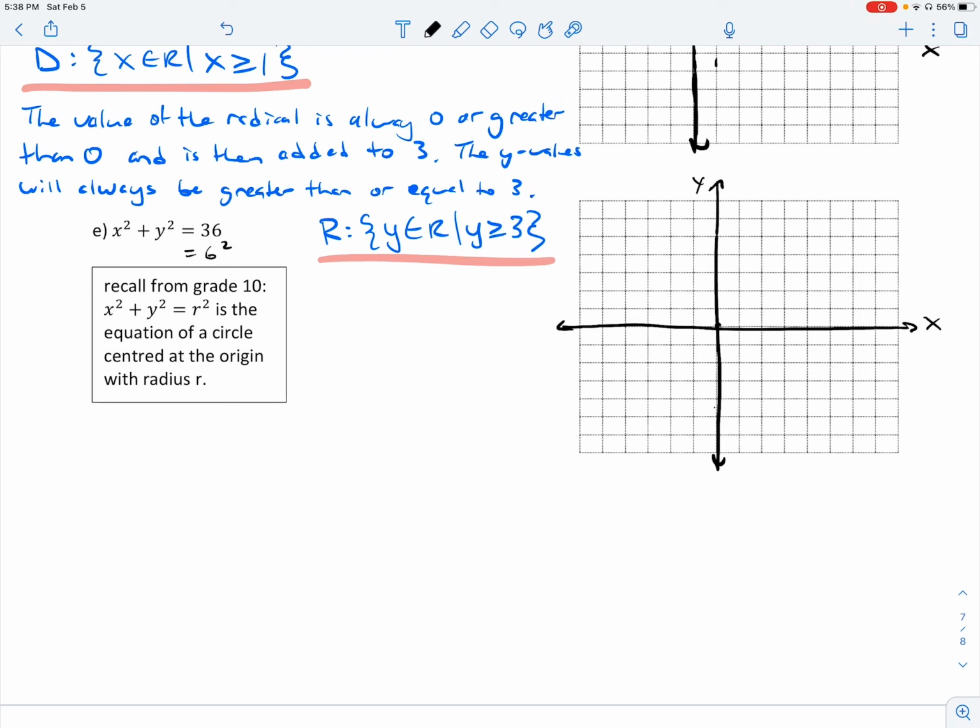All right, so my origin is right here in the middle, and I've got to draw a circle with a radius of 6. So 1, 2, 3, 4, 5, 6. And then going up, 1, 2, 3, 4, 5, 6 up here. Same thing over here, and then same thing down.